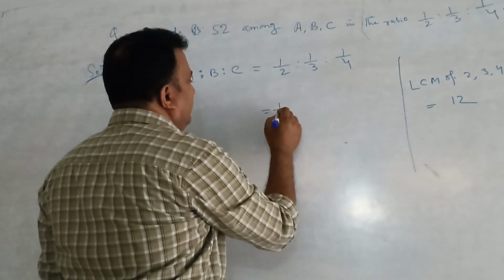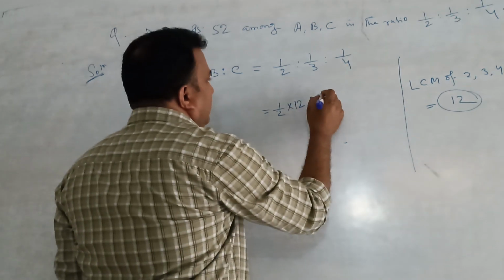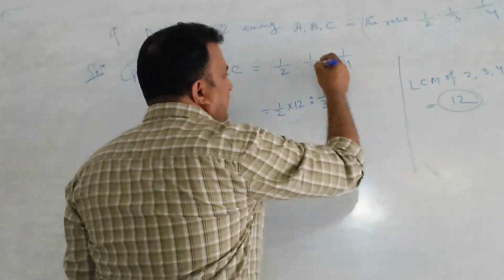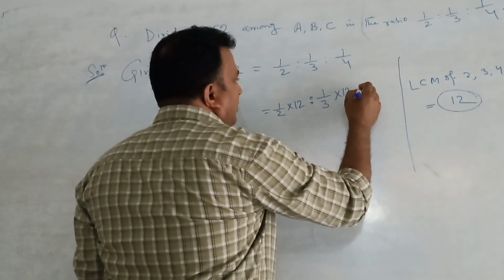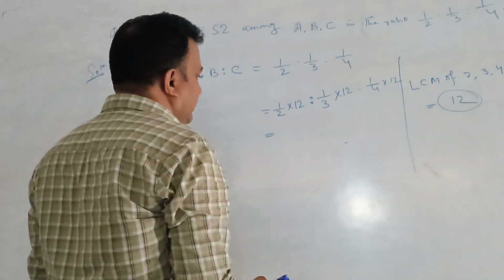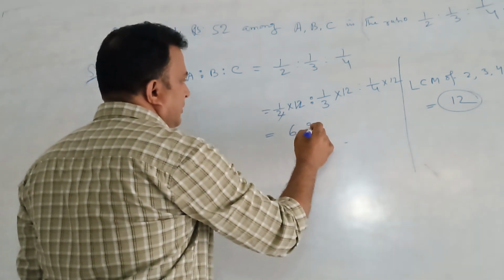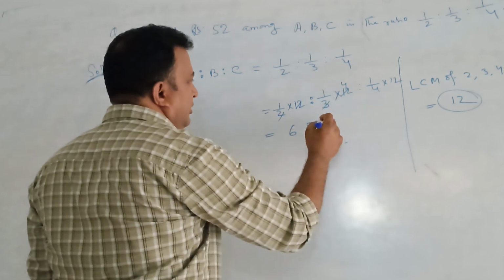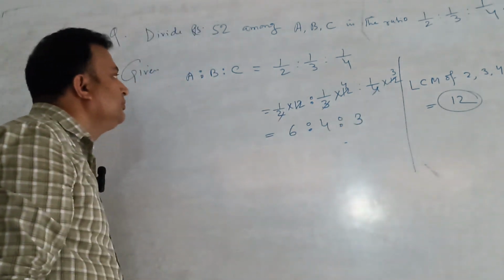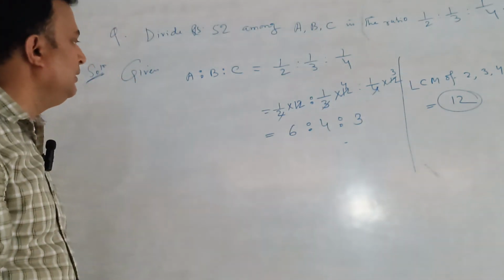That is, multiply 1/2 with this LCM 12, again 1/3 multiplied with the LCM 12, and 1/4 into 12. If we cancel it, what will be the result? 6, 4, and 3. Now A is to B is to C is equal to 6 is to 4 is to 3.